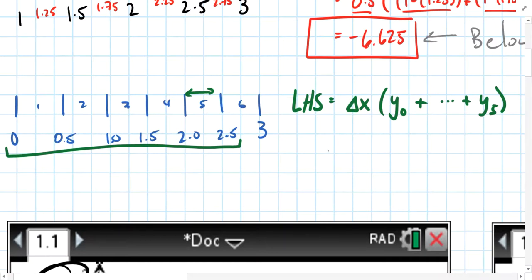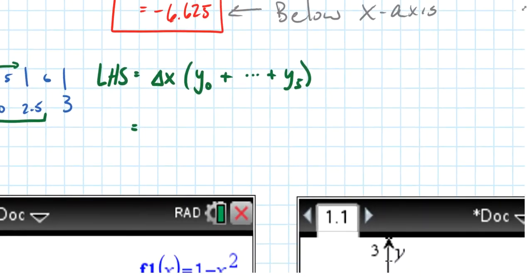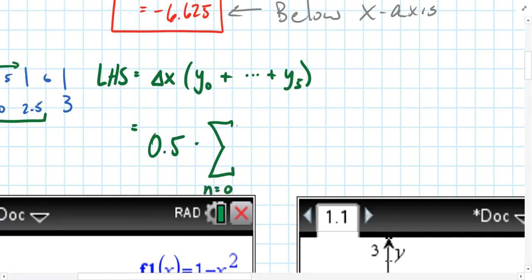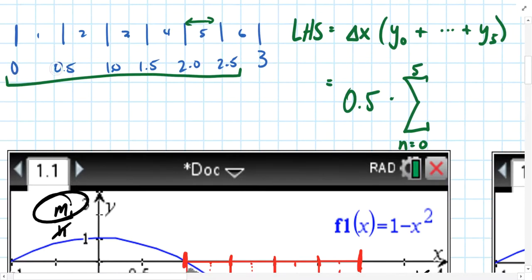Now, one thing to make it interesting and to bring in the discussion from last video is that I can use this delta x, this 0.5, times the sum of an expression, and we're using interval values from 0 up to 5, remember? So 0, 1, 2, 3, 4, 5.